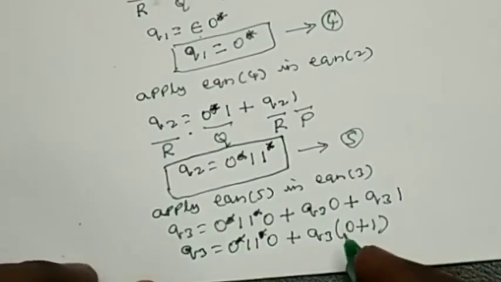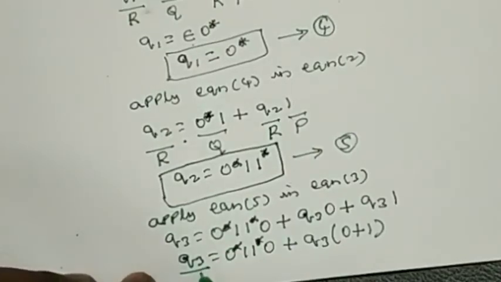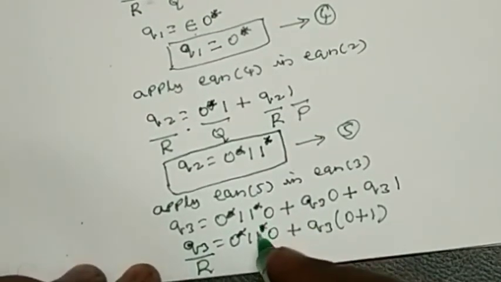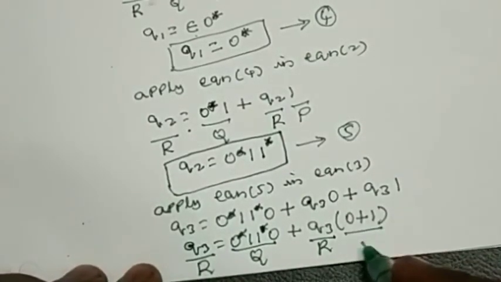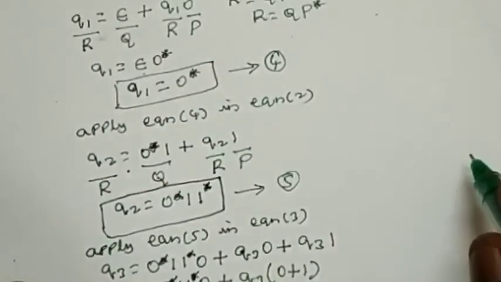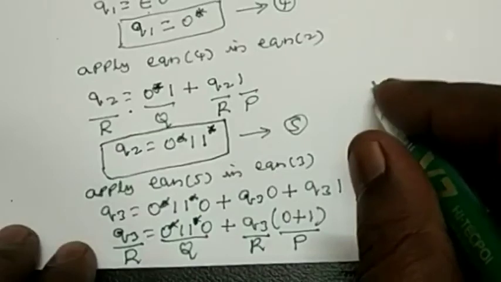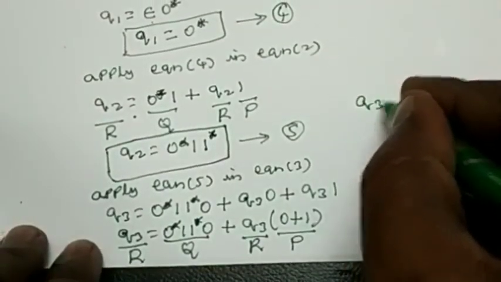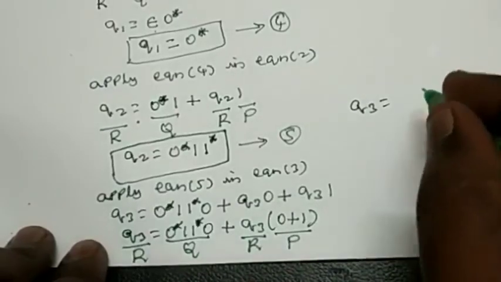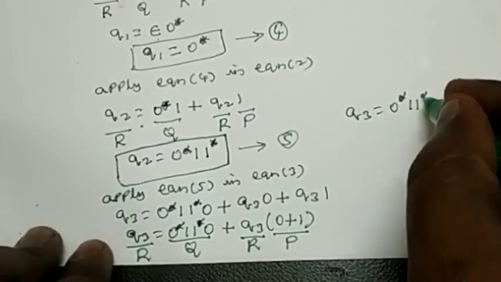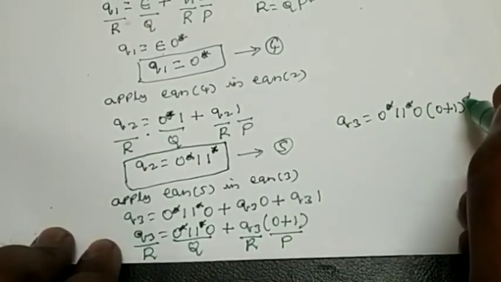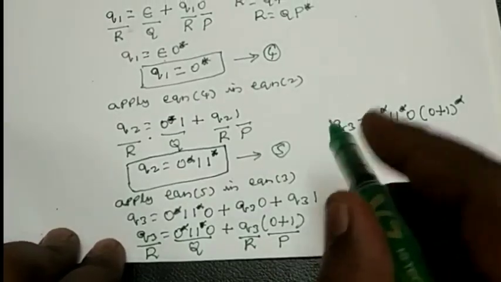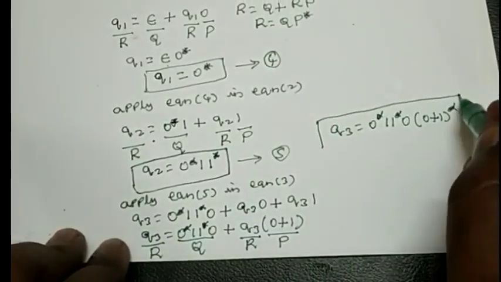Now you can apply this to the standard format: this is R, this is Q, this is again R, and this is P. When you reduce it, you get R is actually Q3 here, Q is 0 star 1 1 star 0, and P is 0 plus 1 star. So this is the regular expression for the given problem.